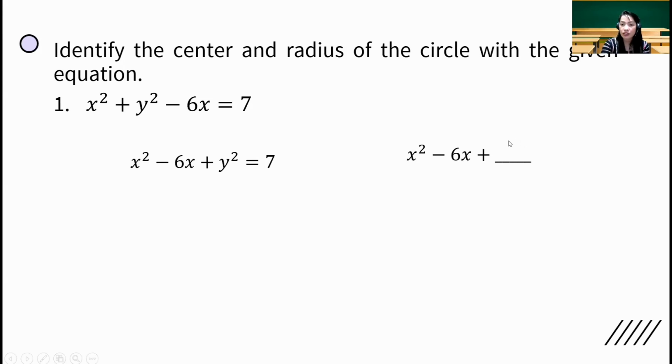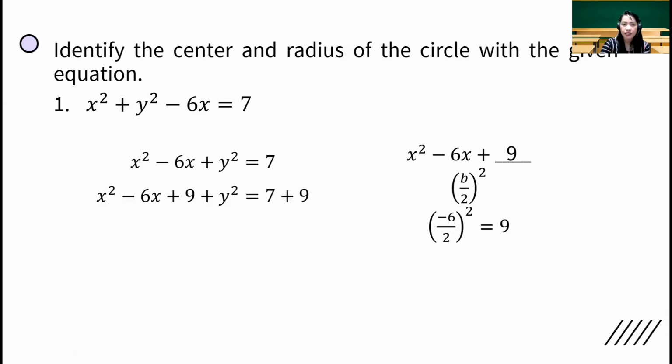For you to get the constant, to complete the square in terms of x, we have the formula b over 2, squared. b stands for the coefficient of the variable x whose degree is 1, the middle term. Negative 6 is the value of b, divided by 2, then square it. So, negative 6 divided by 2 squared. Negative 6 divided by 2 is negative 3 squared. That is equal to 9. Here, the constant is 9.